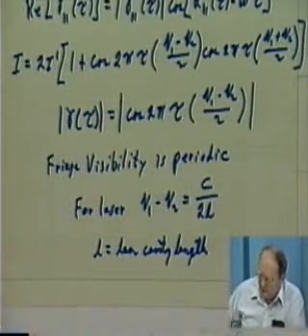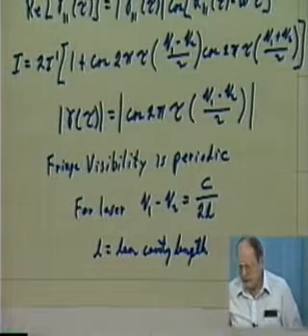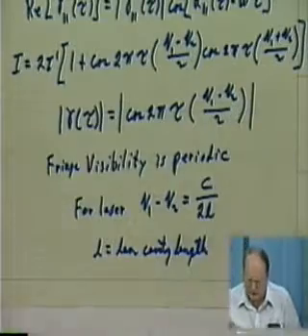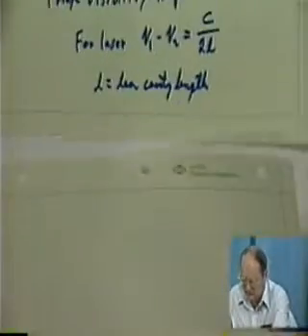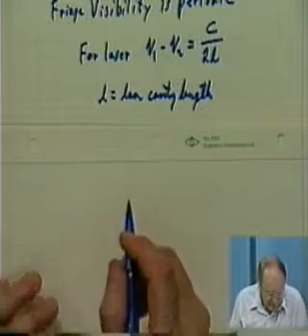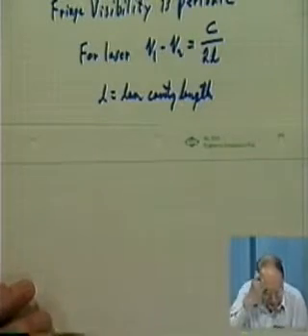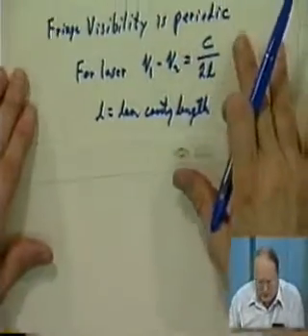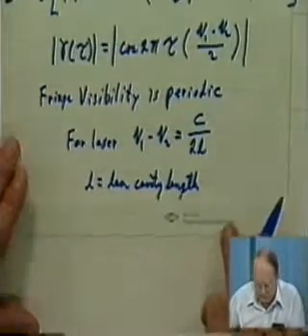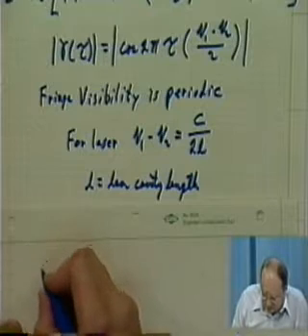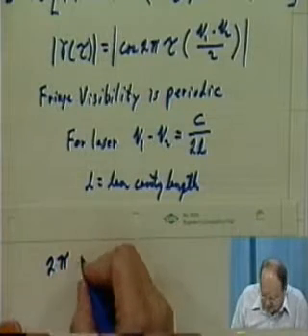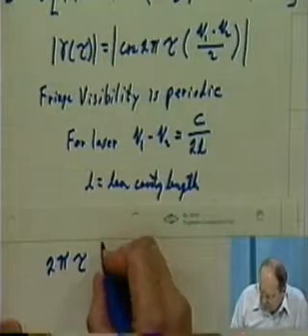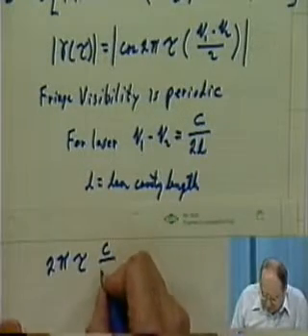So now I'm going to go back here and plug that in to my expression for the frequency difference and solve for where we get good contrast fringes. We would have here 2 pi tau c over 2L divided by 2, so c over 4L.